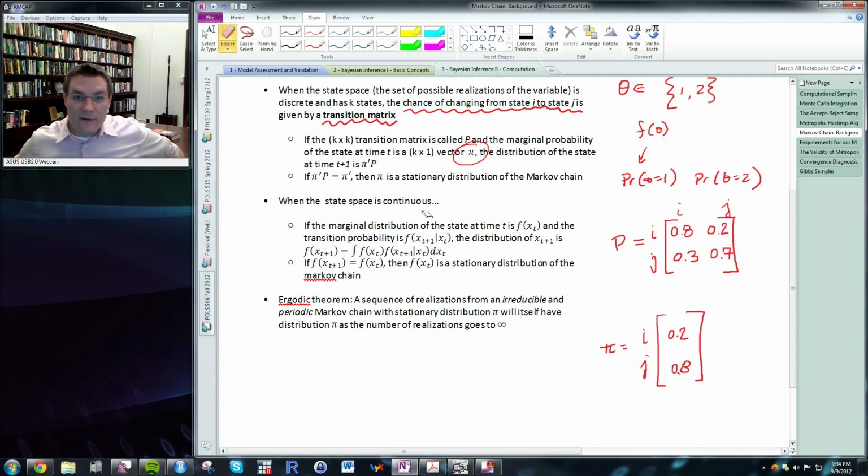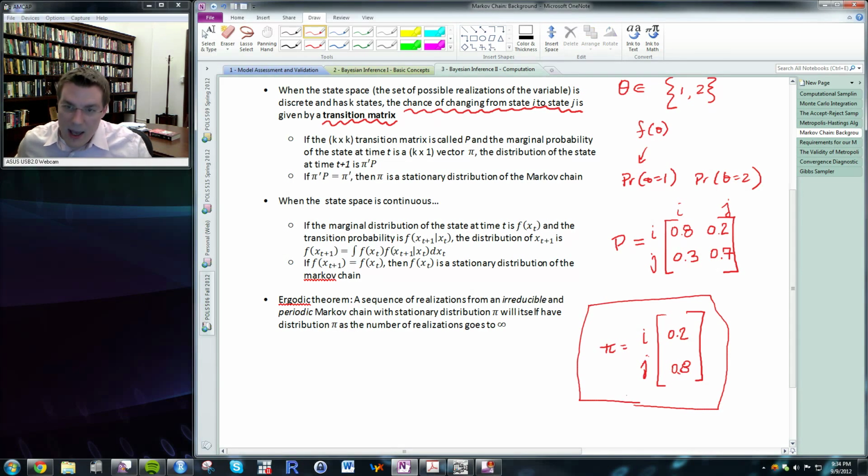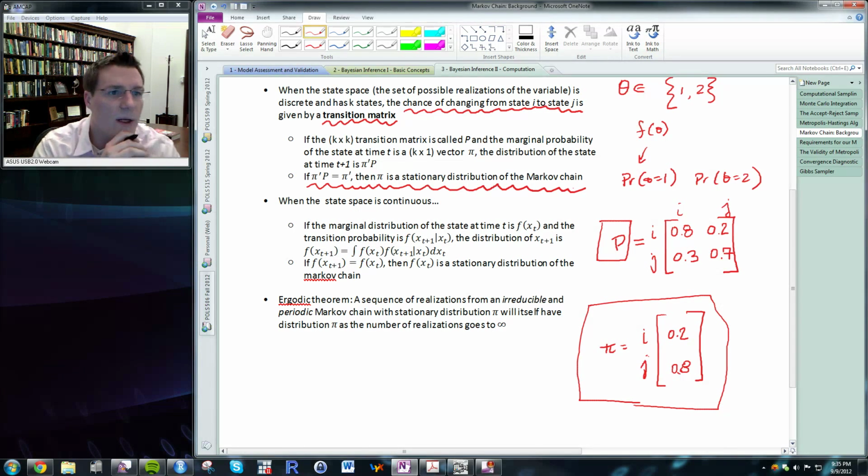Now, if we start off in some distribution of states i and j, and we multiply that by the transition matrix P, and we get pi back again, which is what I'm telling you right here, then pi is a stationary distribution of the Markov chain. What am I telling you?